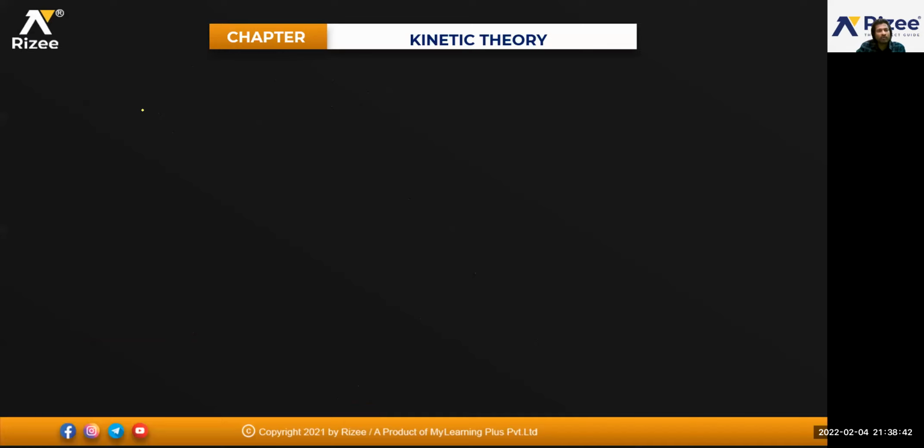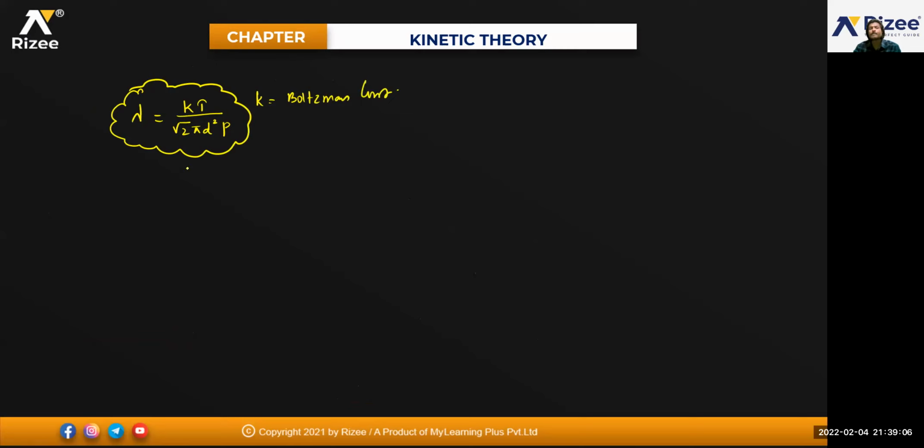If I need to write it in terms of pressure, lambda is also equal to K T divided by root 2 pi d square into pressure P, in terms of Boltzmann's constant and absolute pressure. Is that clear?